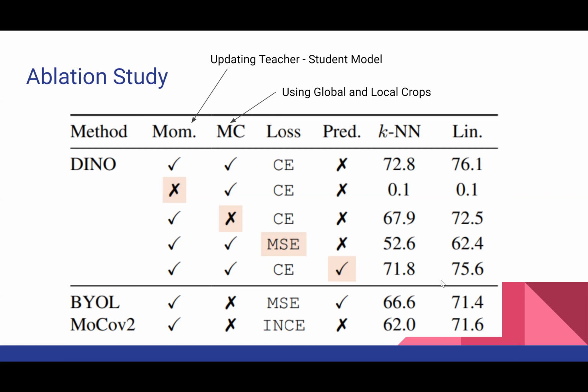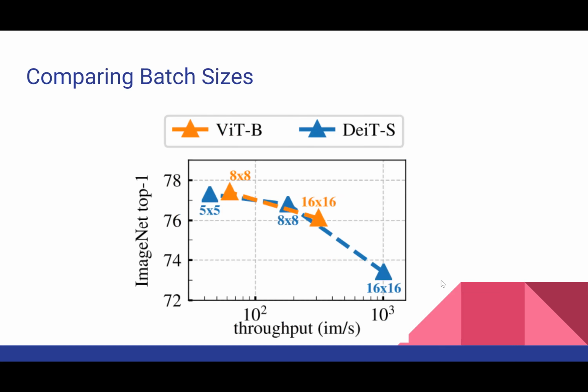And finally, I want to talk about different batch sizes. Here what they showed is a 2D graph where on the y-axis we have the accuracy obtained by the model, and on the x-axis we have the throughput, which is the speed at which we can process images. Here we have two different transformer models.